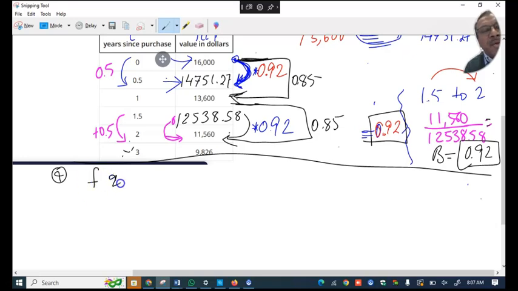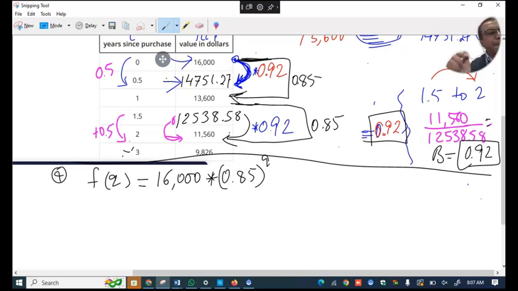So f(q), Q is whatever the number of years. So it was 16,000 times the original function, 0.85 raised to the power q. Now q could be 1, 2, 3, any number of years. Okay, and we want to see what's happening now.